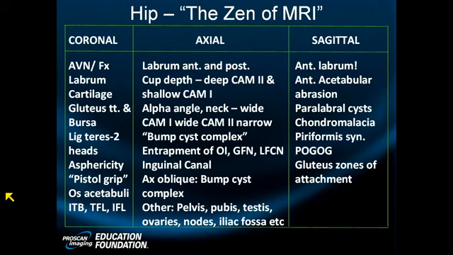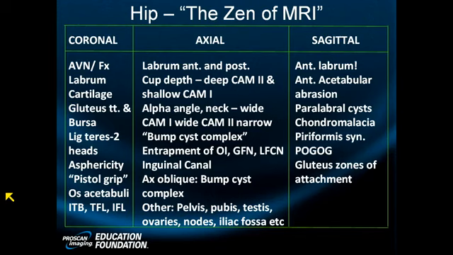In cam, the erosions are anterior. In pincer, the erosions may be anterior, but they are profound posterior. In cam, there is usually not excessive acetabular retroversion. In pincer, there is retroversion. Some of you are saying, well, what's retroversion?